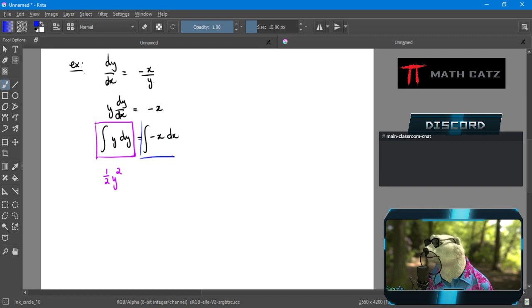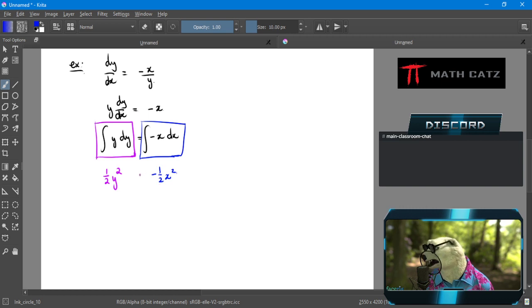I then look at the other side and isolate that as a separate question, just the blue box. The antiderivative of negative x will be negative 1/2 x squared.